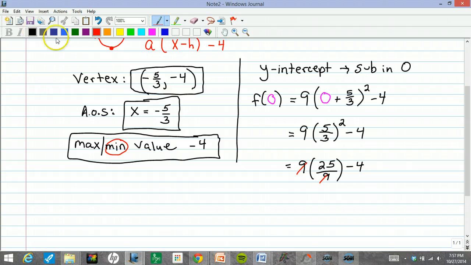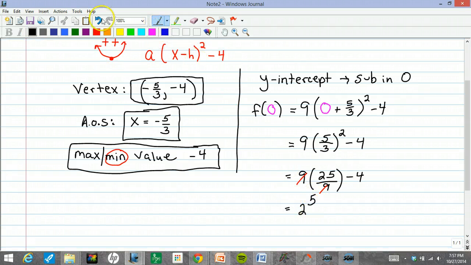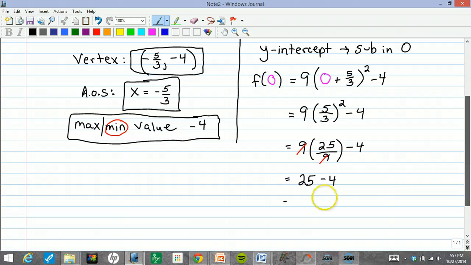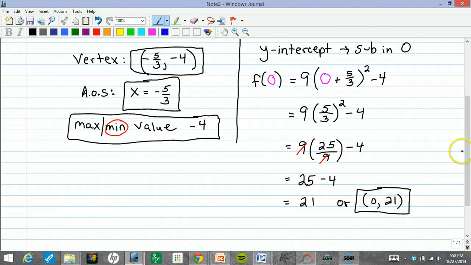We're strictly left with 25 minus 4, which is 21. So our y-intercept is at 21, or we can write that as 0, 21. Whenever you input a 0, you output the y-intercept. So I'll box the coordinate.